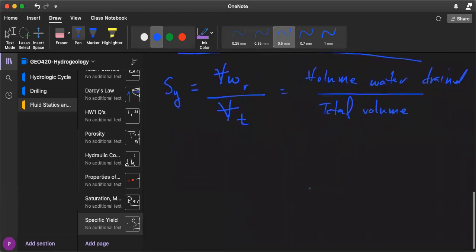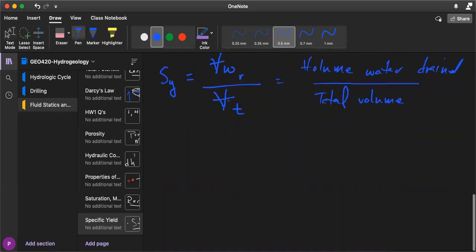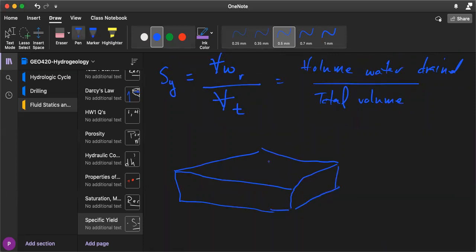Okay. So let's do a quick calculation here. In years past, one of the final projects for this groundwater class has been that I want to start a brewery up Rock Creek.